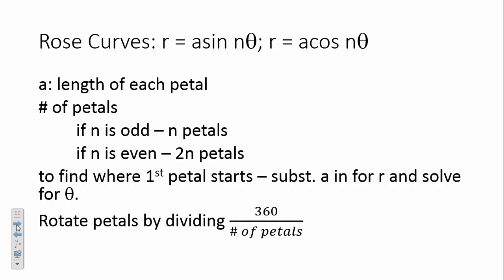To find where the first petal starts, you're going to substitute a in for r, and then solve for theta. And finally, to know how far to rotate from the first petal to the next, you're going to take 360 or 2 pi divided by the number of petals.